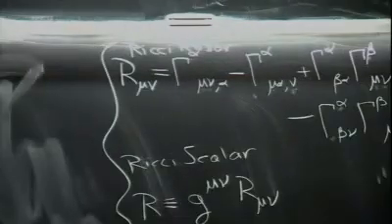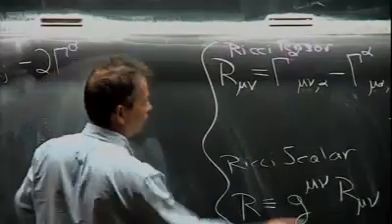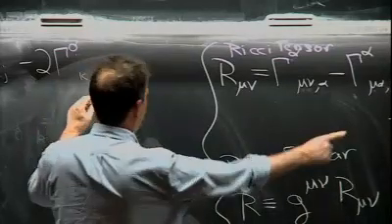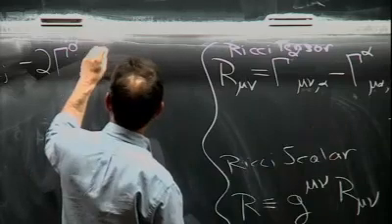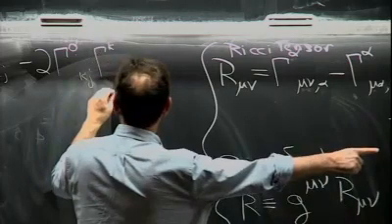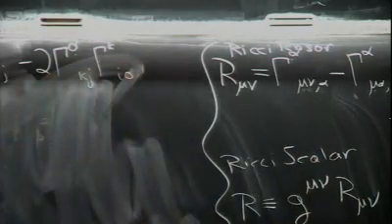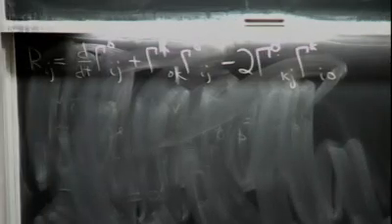So there's a 2, and then it's gamma. Let's choose alpha to be temporal, 0. Let's call beta k again. Nu is j, and beta is k, and nu is i, and alpha is 0. So that is the spatial part of the Ricci tensor.